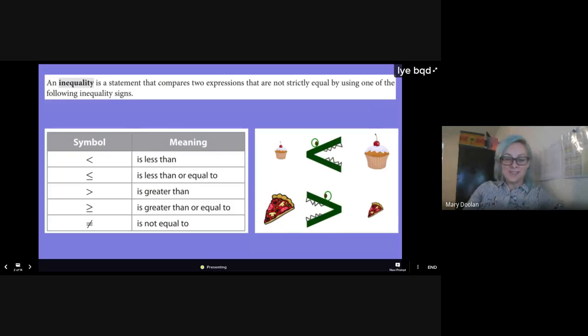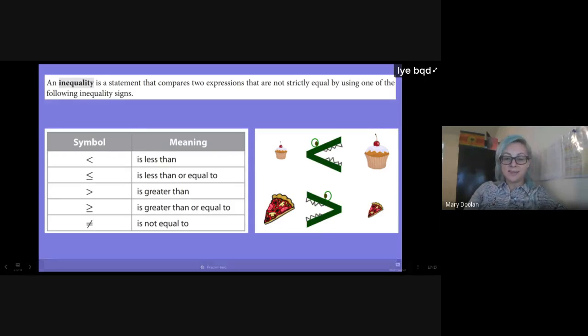Okay, so the definition of an inequality, and you guys have worked with these before, is a statement that compares two expressions. It compares two expressions that are not strictly equal by using one of the following inequality signs. You have is less than, or equal to.